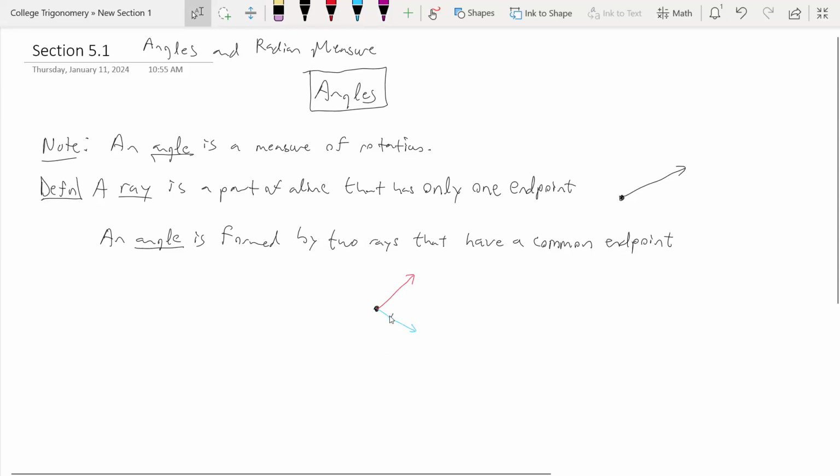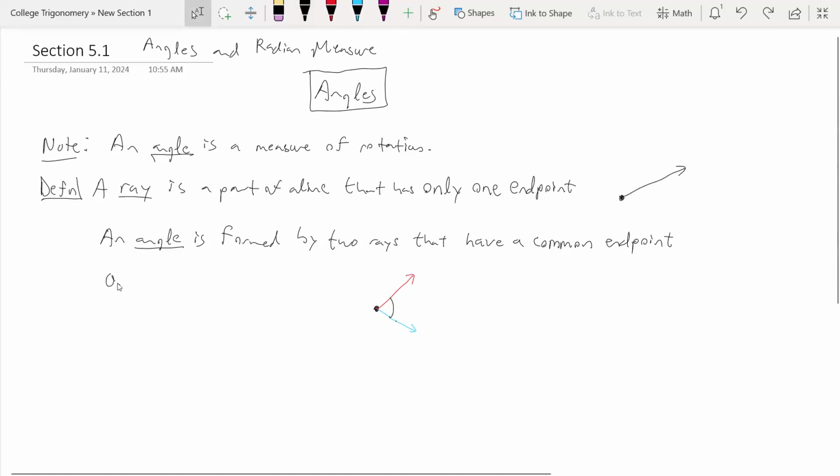We could be talking about this angle between these two rays here, or we could be talking about this angle right over here, right? Okay, so we have to say, like, basically which one of these angles we're talking about. So for instance, let's say we're talking about this one. I'm going to define a few more things that has to do with this.